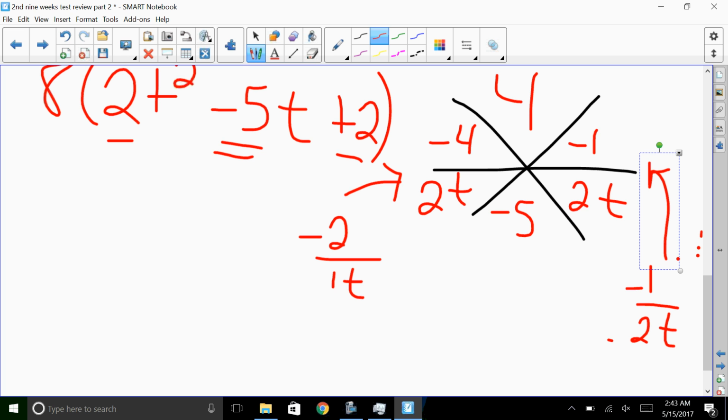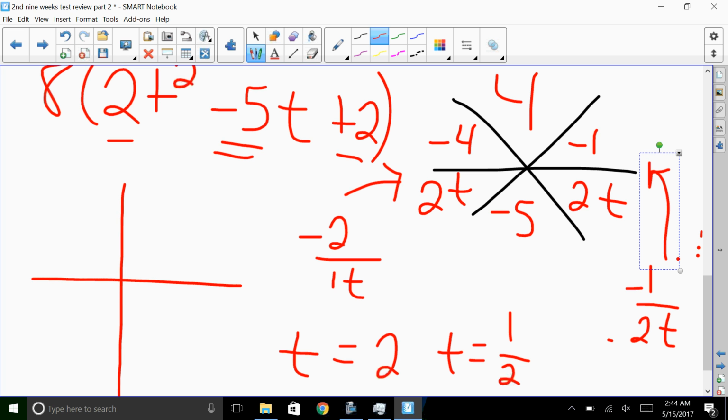Alright, so my two t values, t is going to equal positive 2. Remember to take the opposite of it, positive 1/2. Okay, so 1, 2, 3.